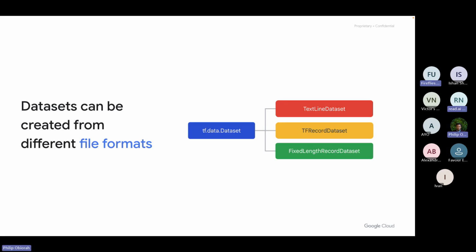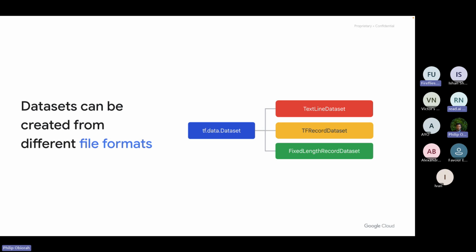Let me explain the TensorFlow record data set, the TFRecord data set. This is a simple record-oriented binary format. It's essentially a sequence of binary strings stored on disk. For instance, let's say we are training a text-to-image model with billions of samples.